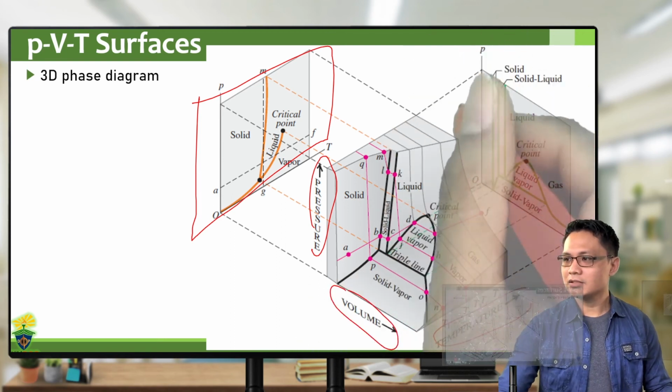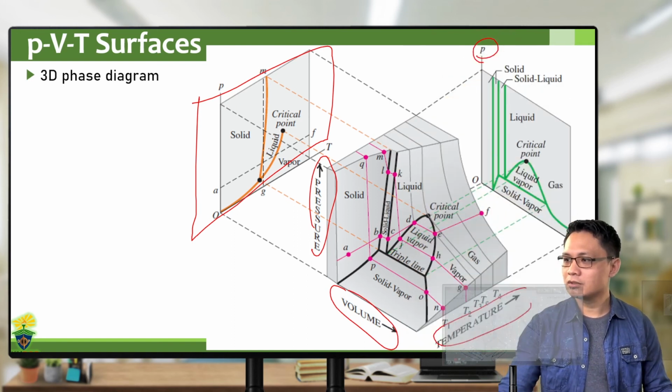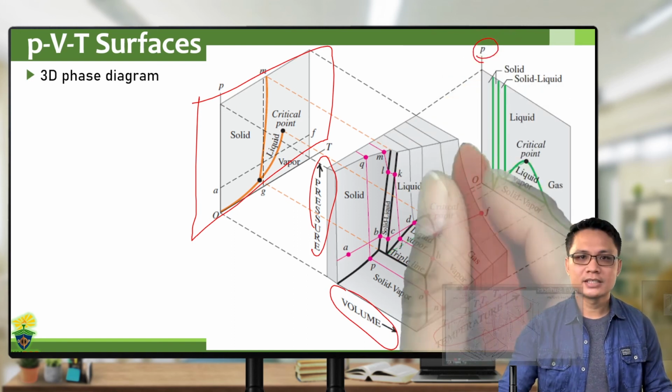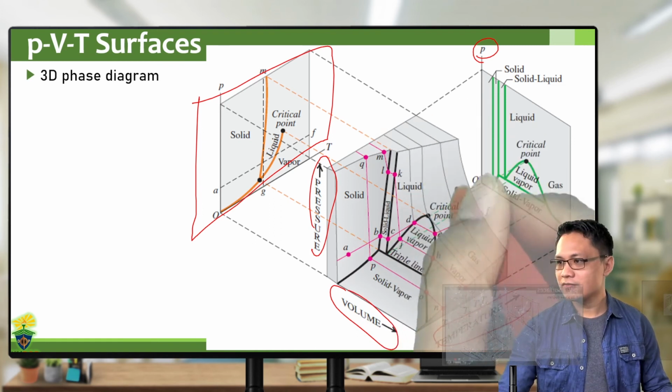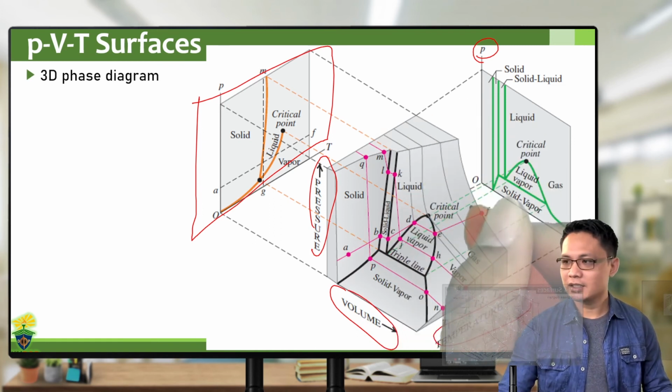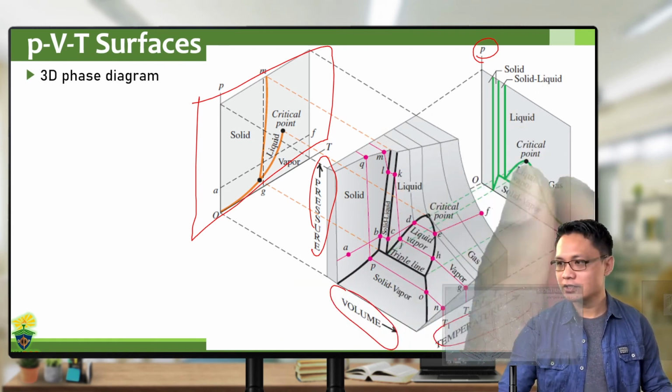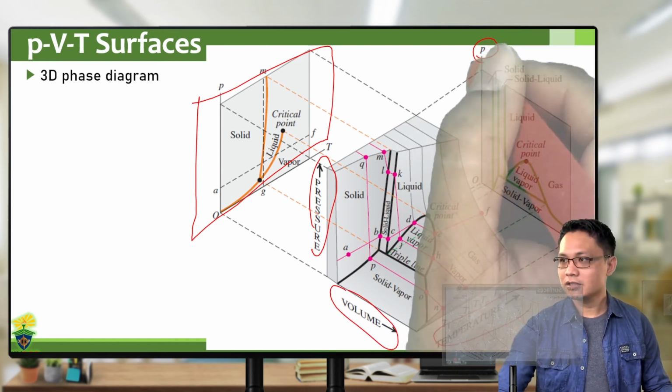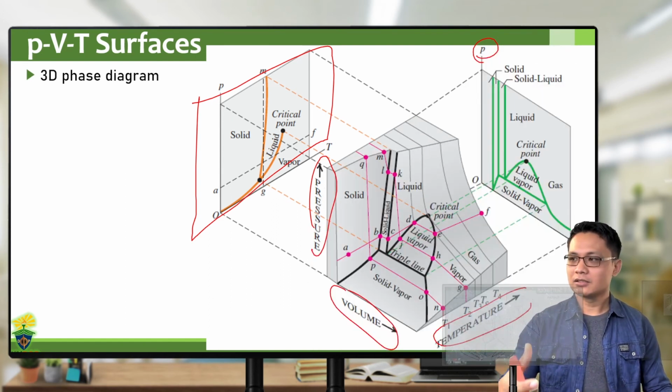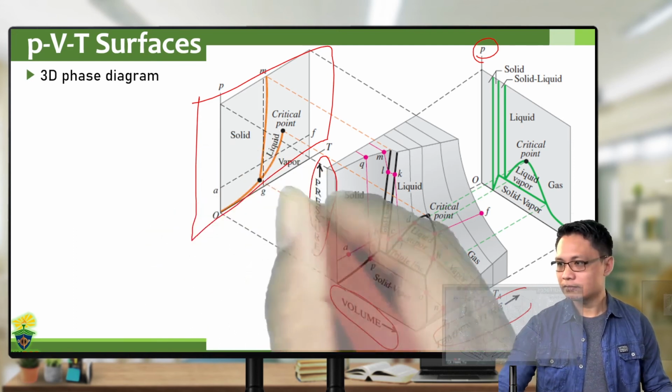When we look at the pressure-volume diagram, we can see that for a certain material at constant temperature, the assumption here is that the material would change its phase at constant temperature.